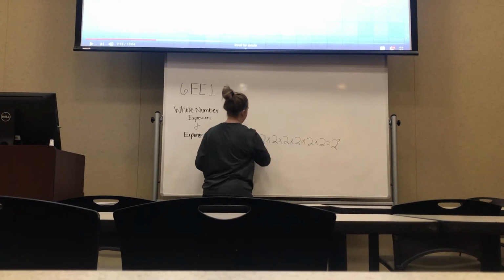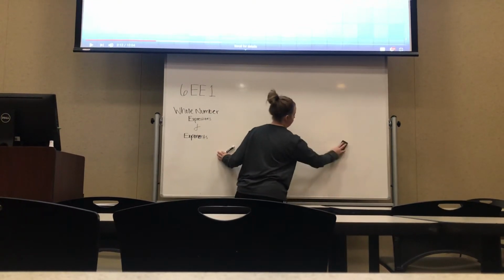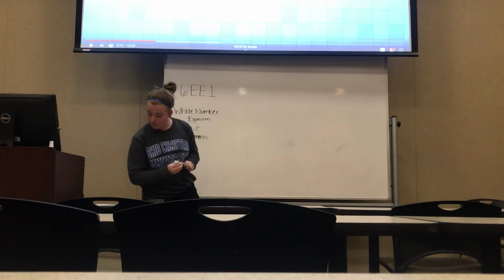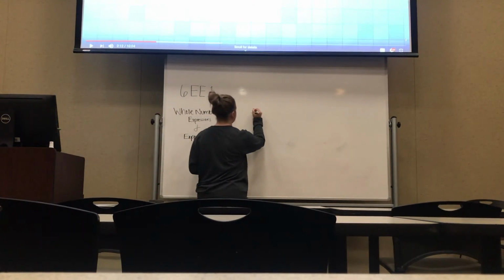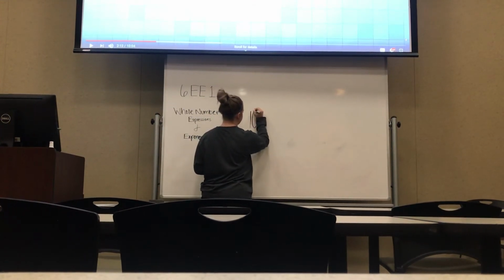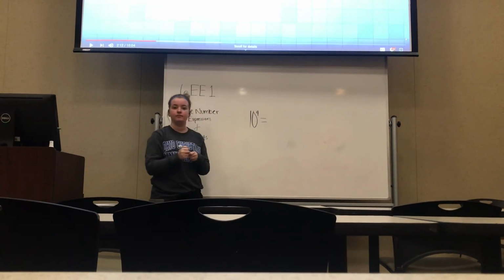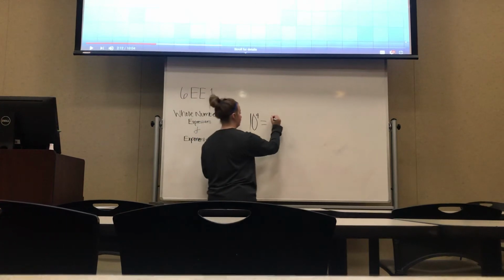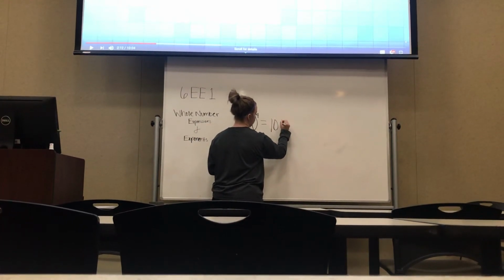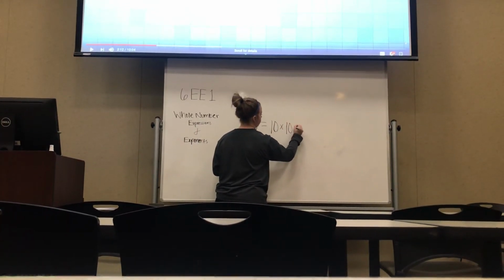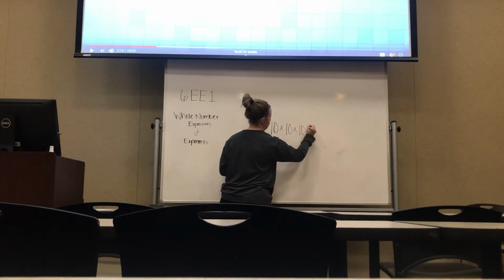Alright, I think we have one more to do together. Okay, so if we have 10 to the 4th, how would we write that out as an expression? 10 times 10 times 10 times 10.